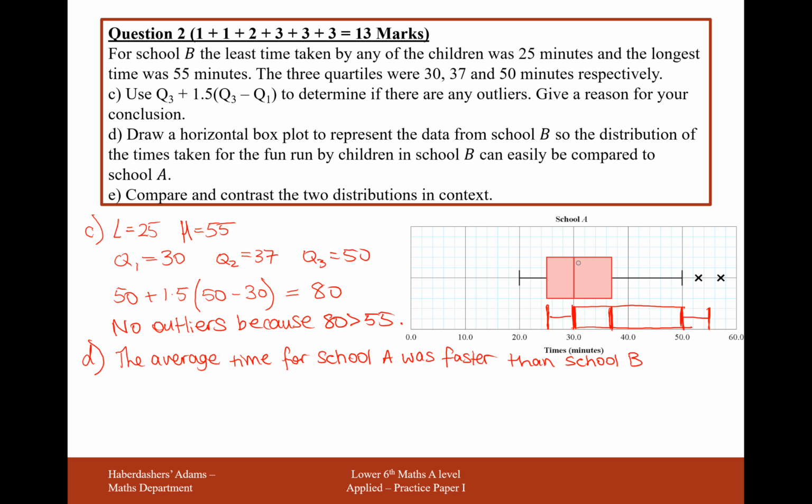And the reason for this is because school A's median time was 30, whereas the median time for school B was 37. 30 to 37.